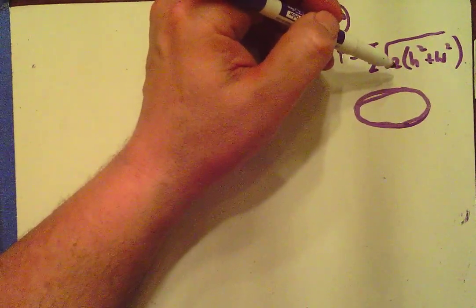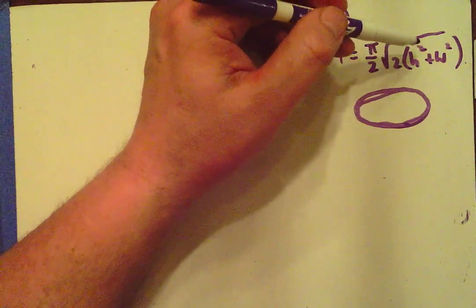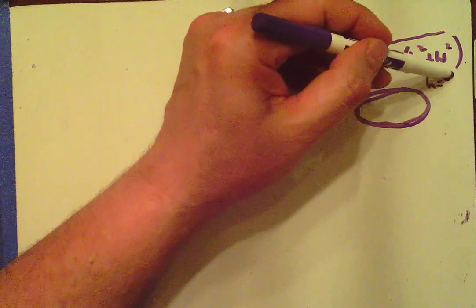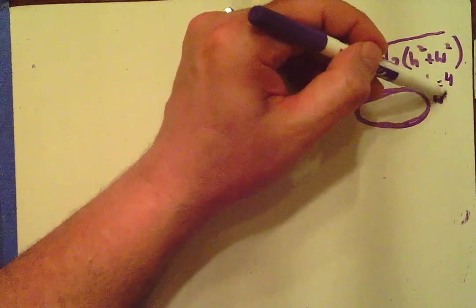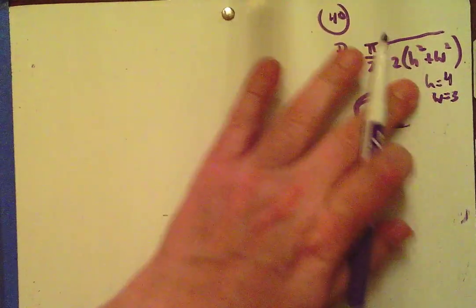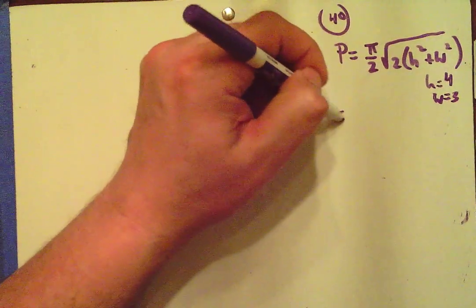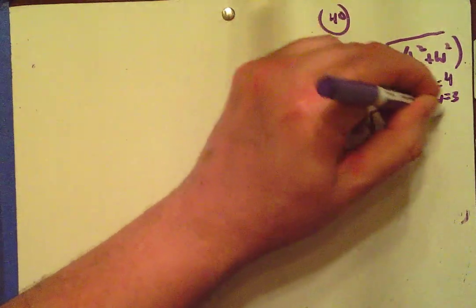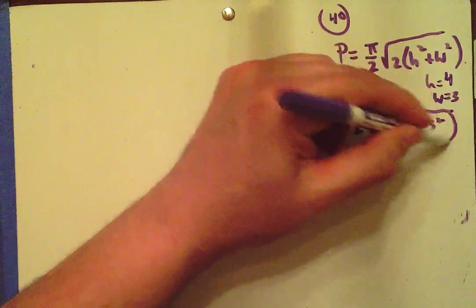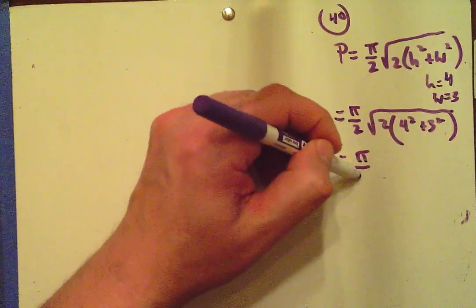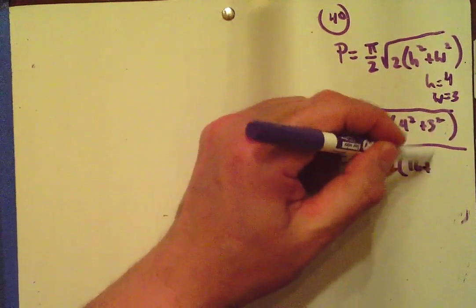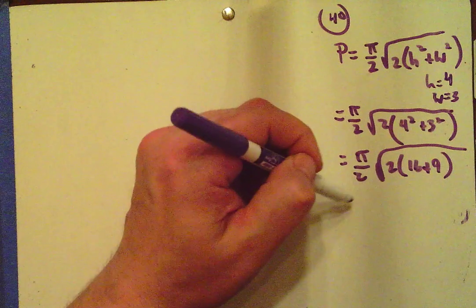But they tell us our height is 4. H equals 4 and an outside width of 3. So we know then to plug in 4 for h and 3 for w, so we get pi over 2 times the square root of 2 times (4 squared plus 3 squared). Well, 4 squared is 16 and 3 squared is 9.